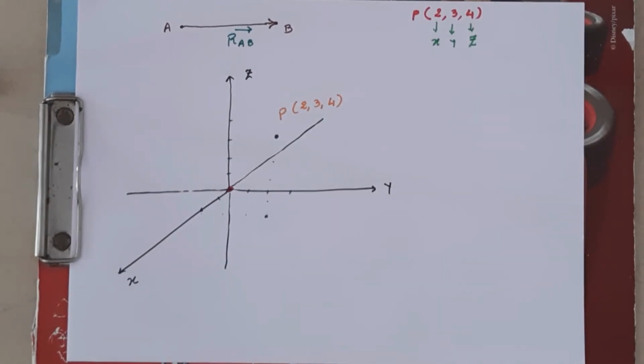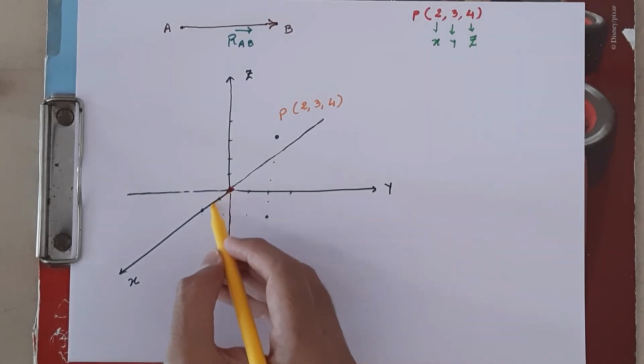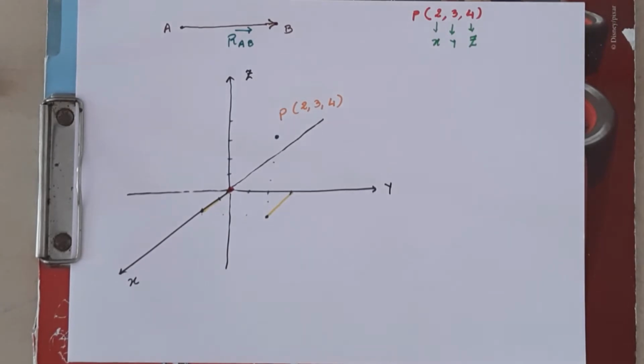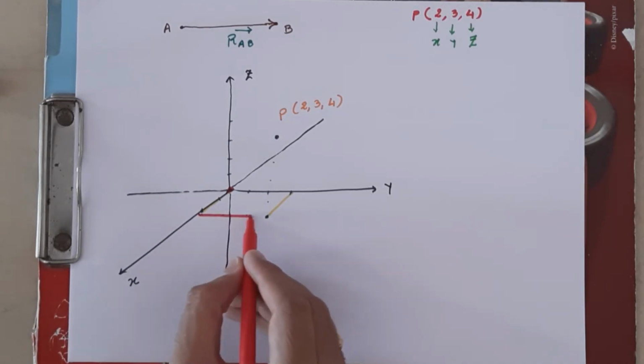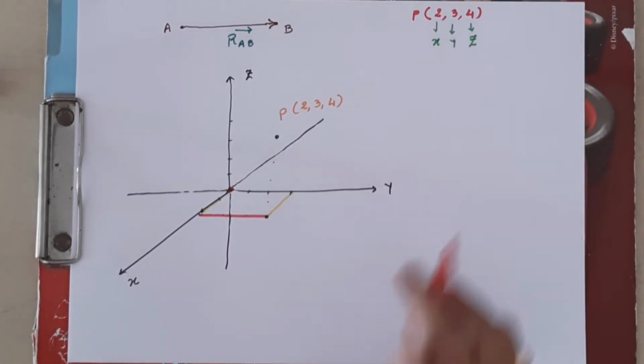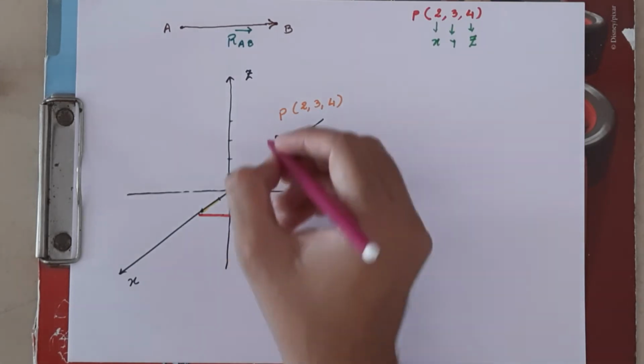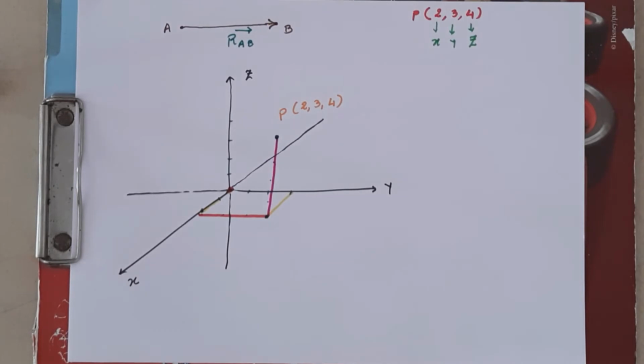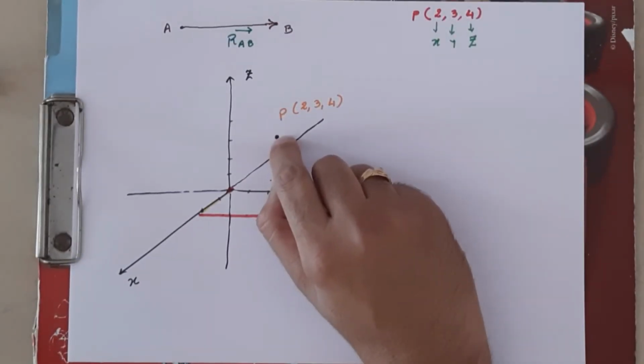The person covers 2 distance in the x direction, 3 steps in the y direction and 4 steps in the z direction. So this is the final position of point P.